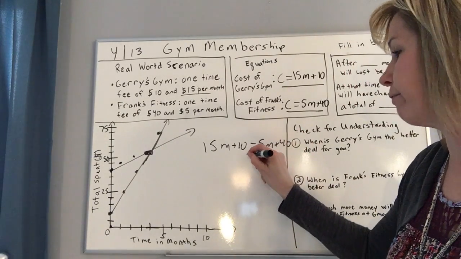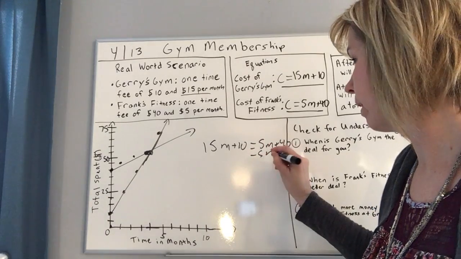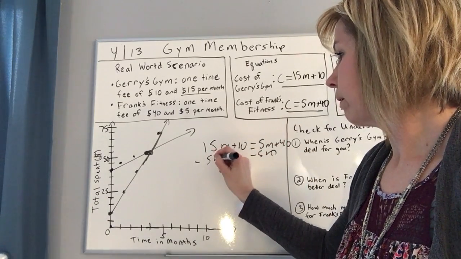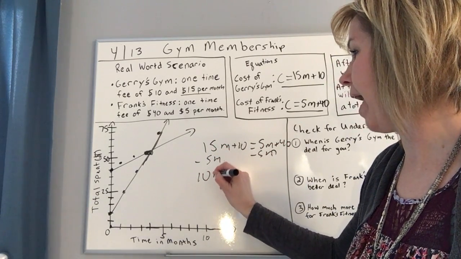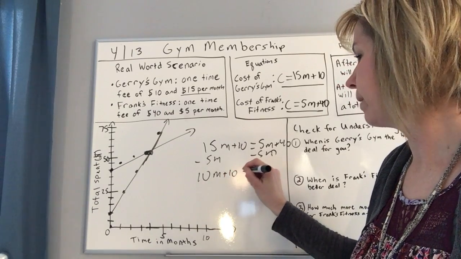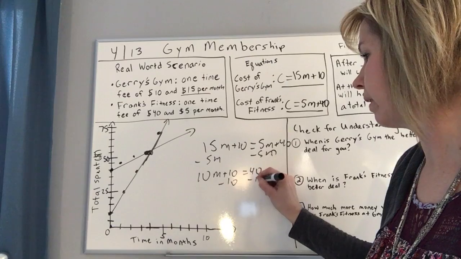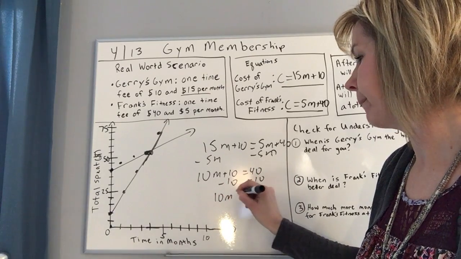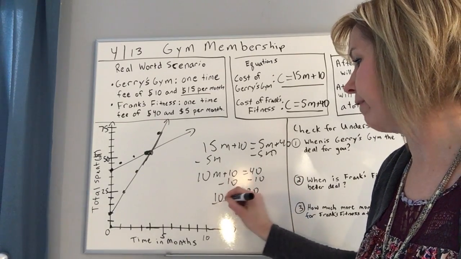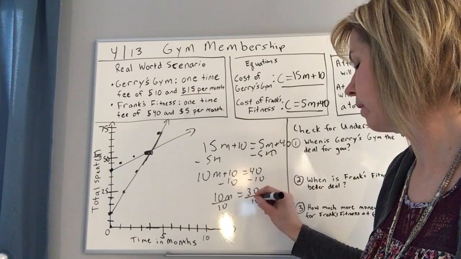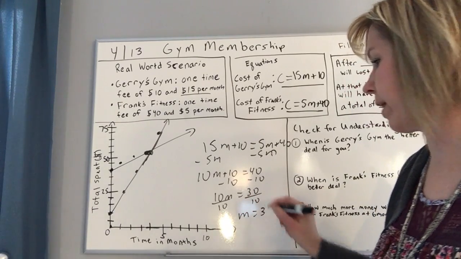I would subtract the 5M first. So we get 10M plus 10 equals 40, and then subtract the 10. So 10M equals 30, divide by 10, and we get M is 3.